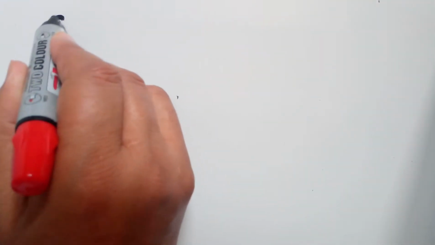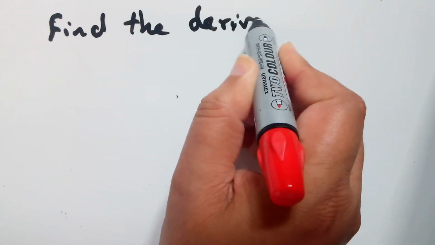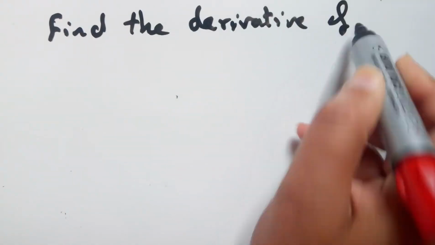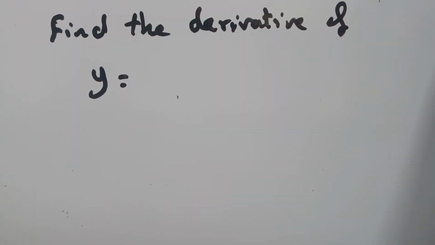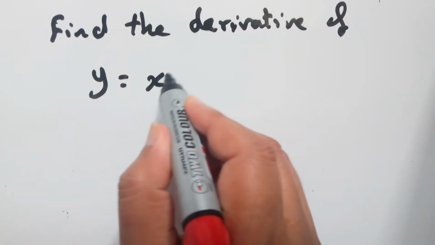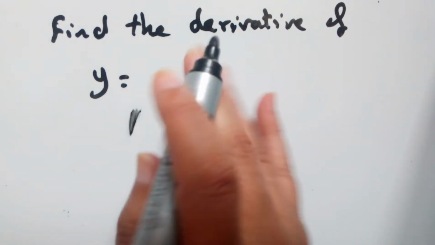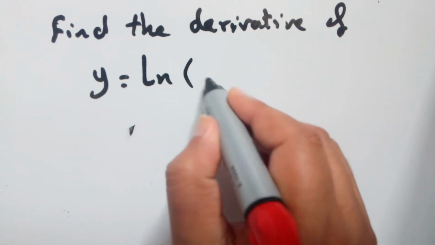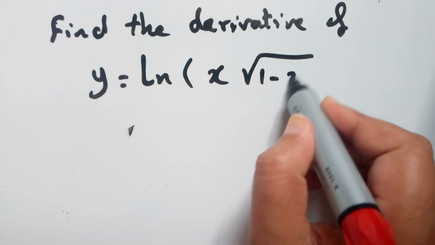Another example, find the derivative of y is equal to ln of x multiplied by the radical of 1 minus x squared.